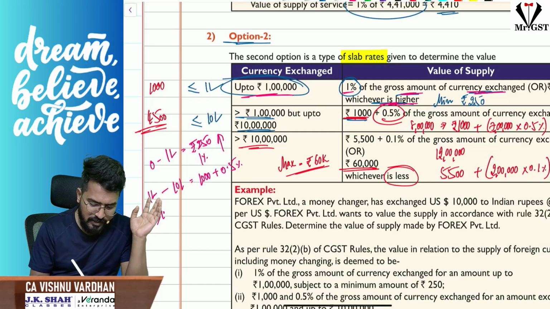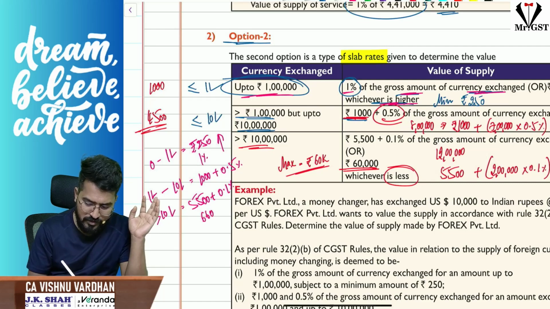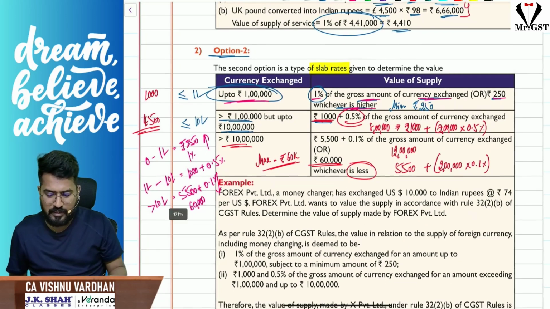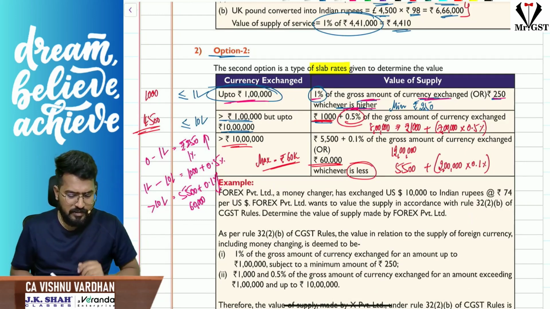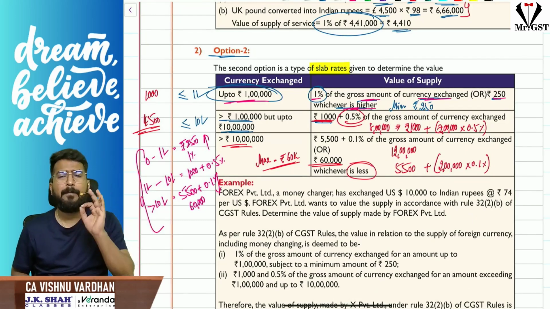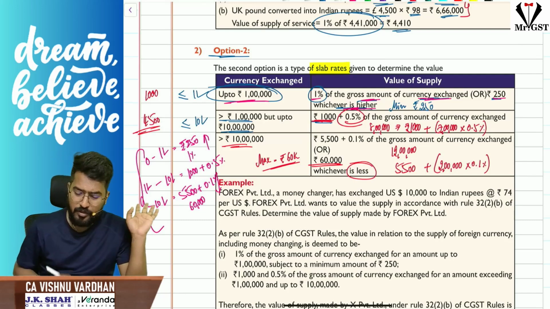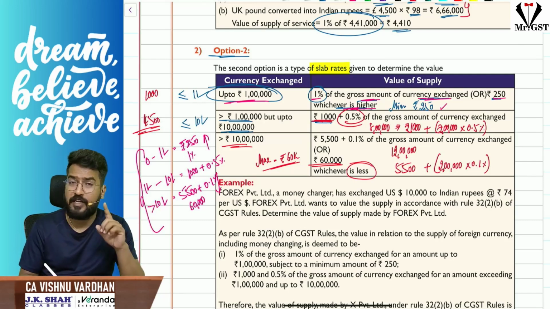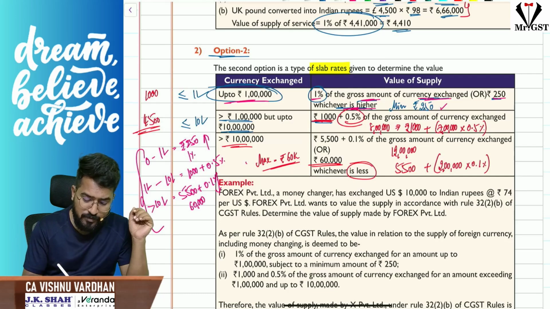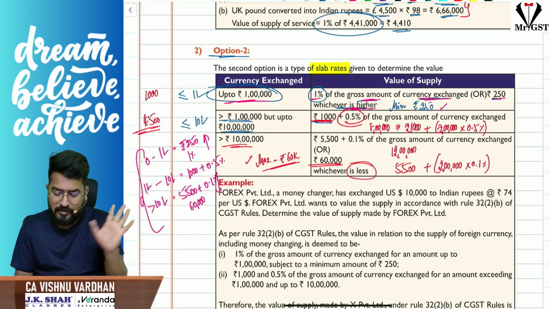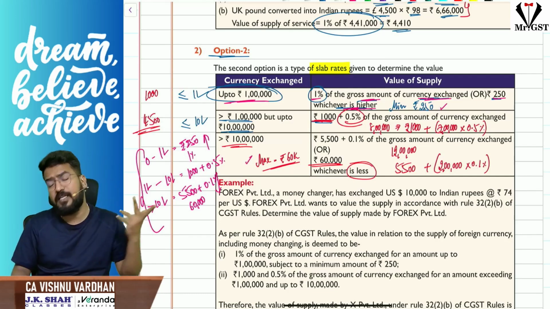If it is greater than 10 lakhs, 5,500 plus 0.1%, or 60,000, whichever is less. So this is the slab rate. The minimum amount should be 250, and the maximum value will be 60,000. The value here is not GST; on that they will charge GST. This is another option which they can go with.